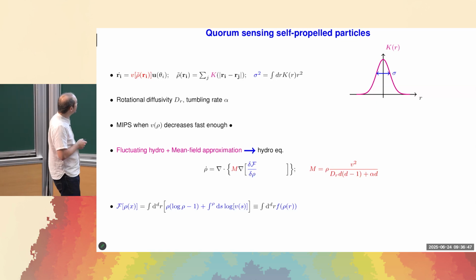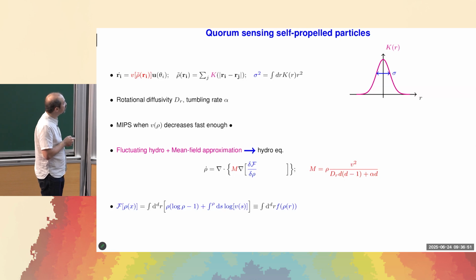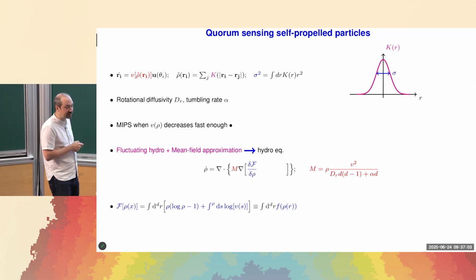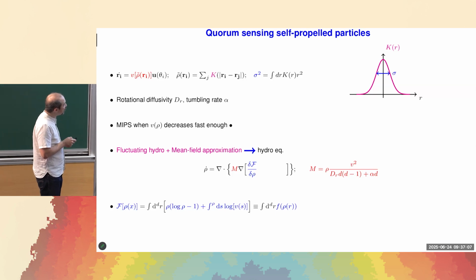And if you look at this hydrodynamic equation, it is of the form that I announced. So you get a mass conservation equation. Rho dot is minus divergence of a current. The current has a mobility, which is the density times V square over essentially the persistence time of your particle. And then inside the gradient, there is a part which is a functional derivative of a free energy density, so a local part of the free energy density.